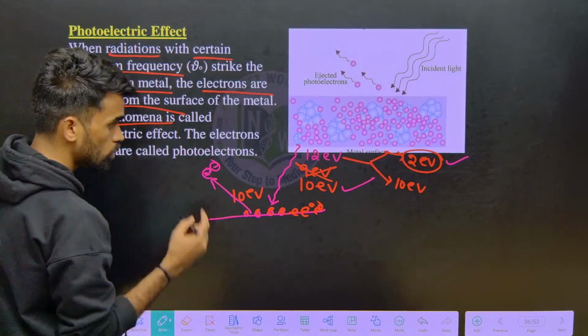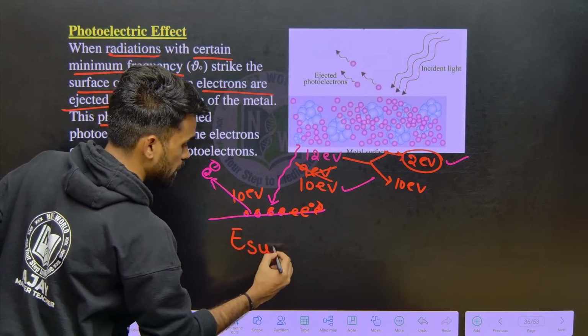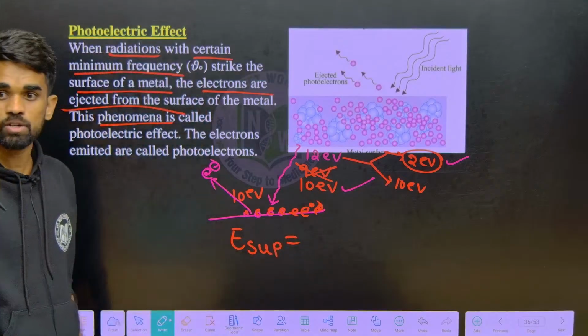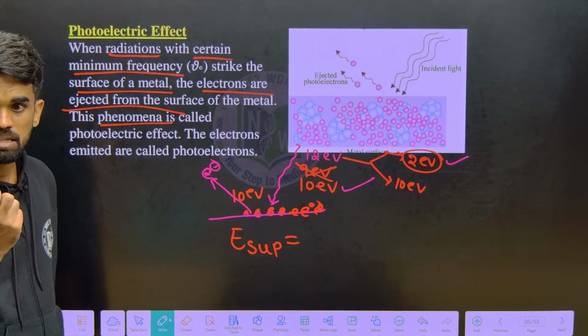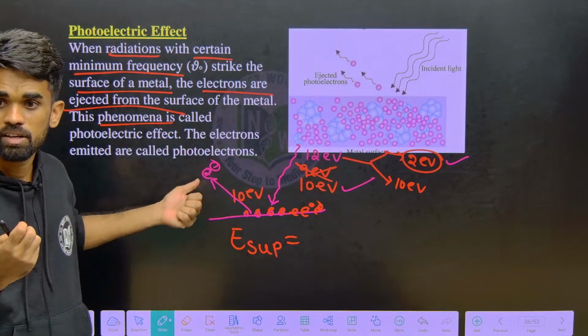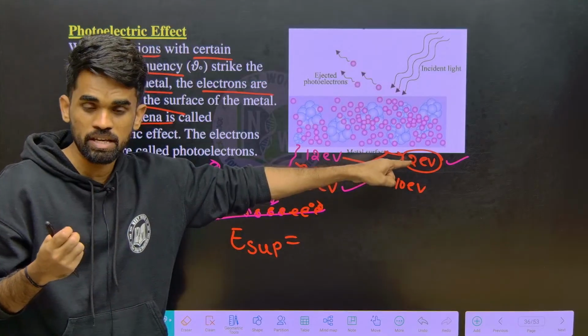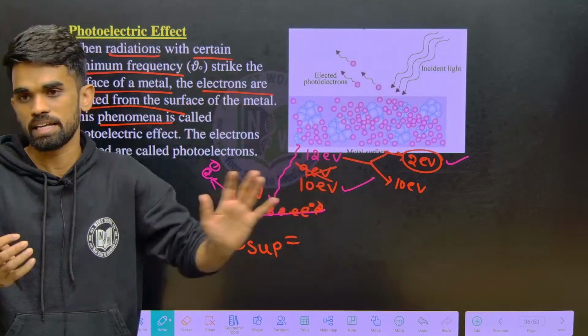Okay. Now what did you understand from here? The supplied energy is utilized for 2 processes. One is for ejection and the second one is taken by the electron. This electron will take this extra energy and convert it into its kinetic energy.